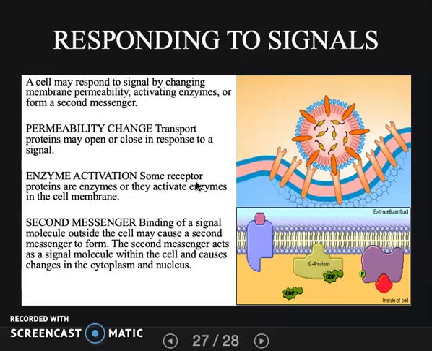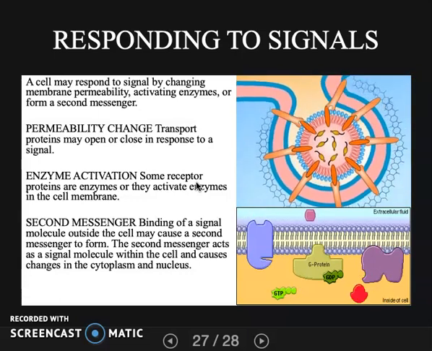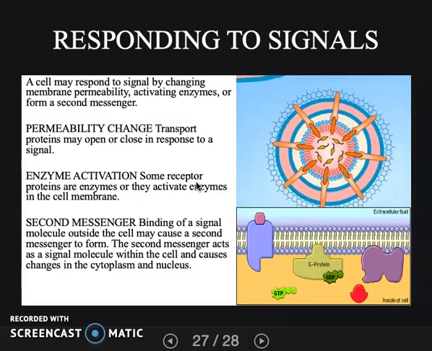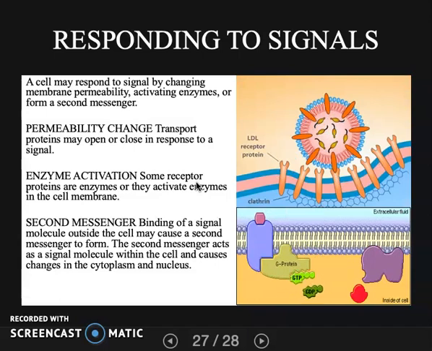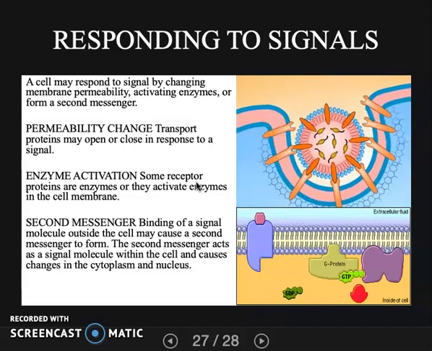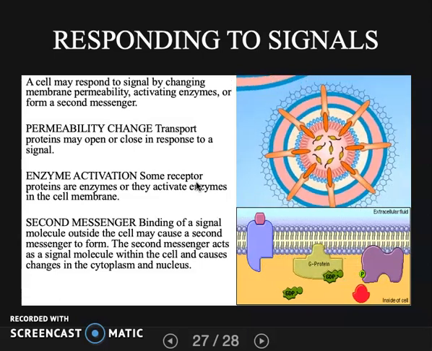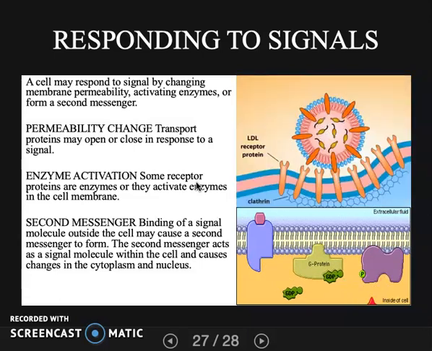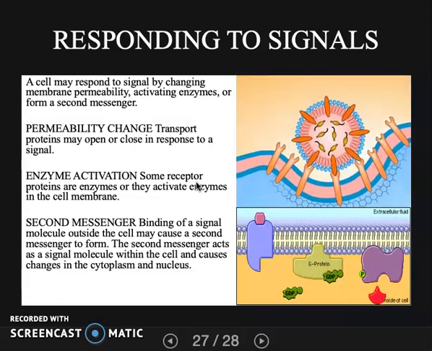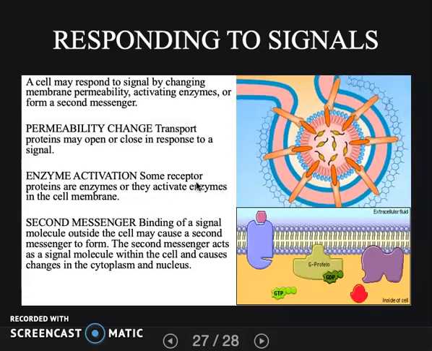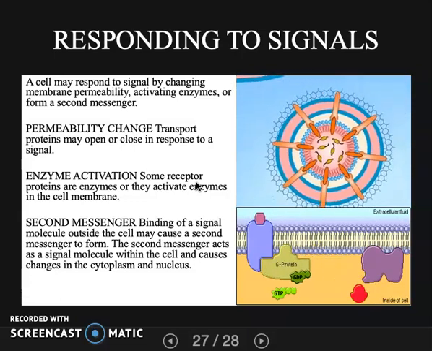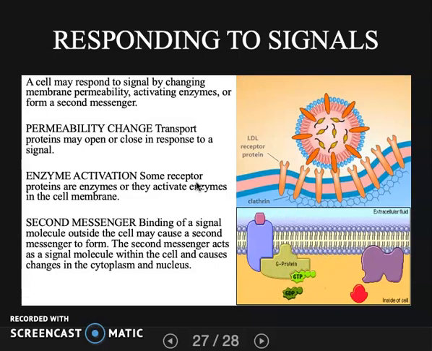It doesn't shout out, hey, take up glucose. It causes an effect in the interior of the cell. All kinds of different protein complexes get moved around, energy is used, and that second series of cascading events is what we mean when we say second messengers. It's the most common response to signals.